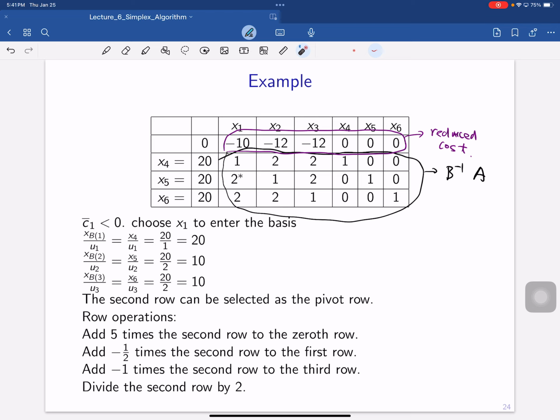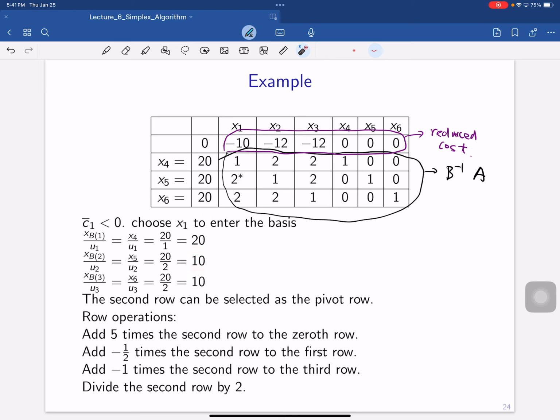And how far we can search, we can determine the step size. That will be, you take the current value divided by this U vector here, right? So we just divide this entry by this entry, then you get, for each of these variables, 20, 10, and 10, okay? And that means you can only search for a step size of 10, right?